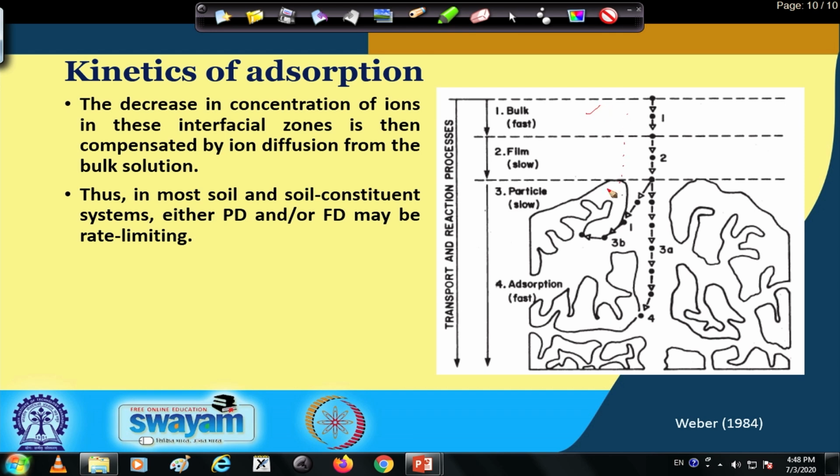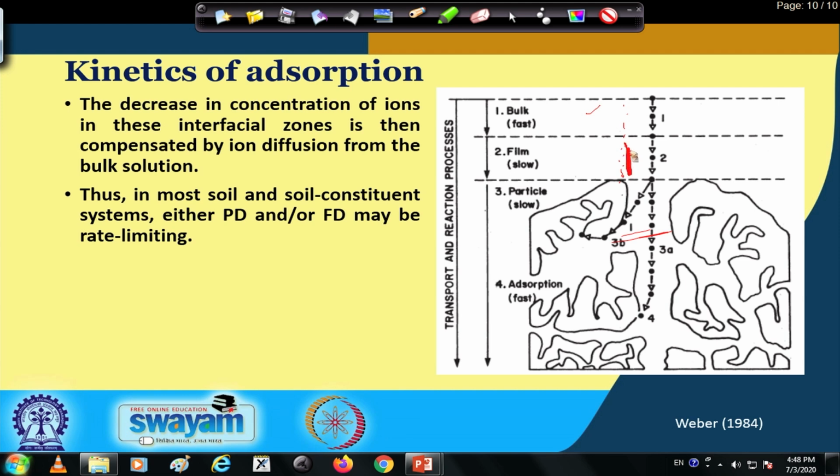Now, ions will diffuse to maintain the concentration of the film as well as the interparticle liquid phase. So, in most soil and soil constituent systems, this is either particle diffusion or film diffusion.